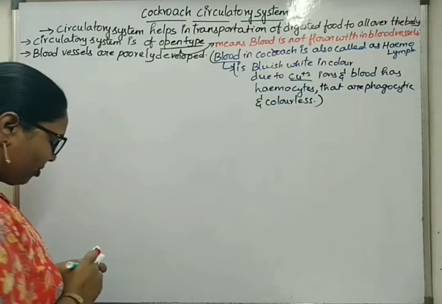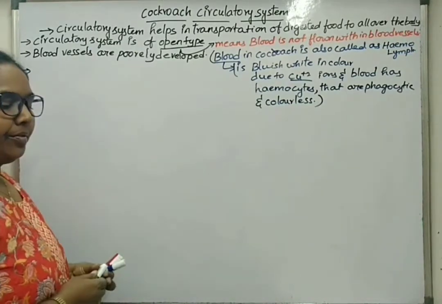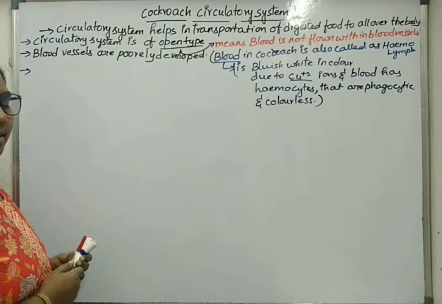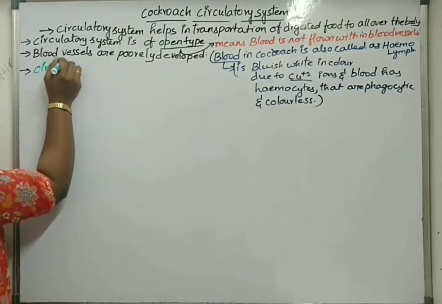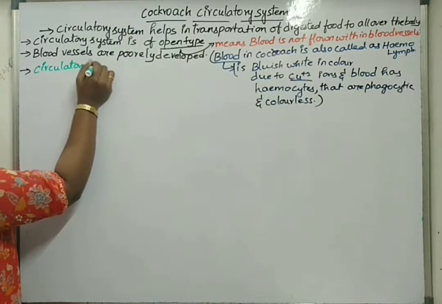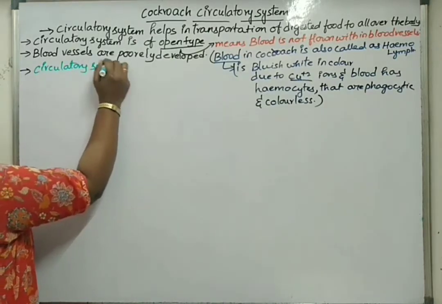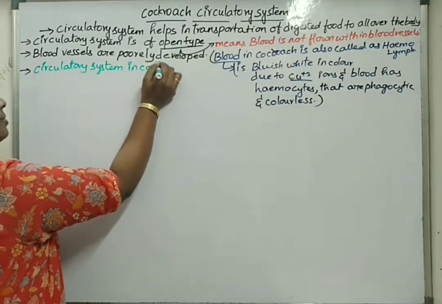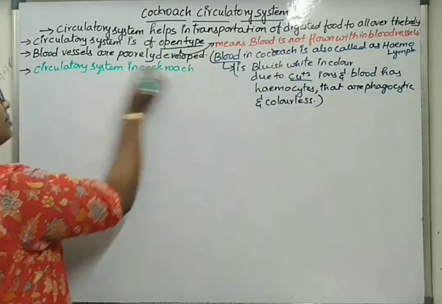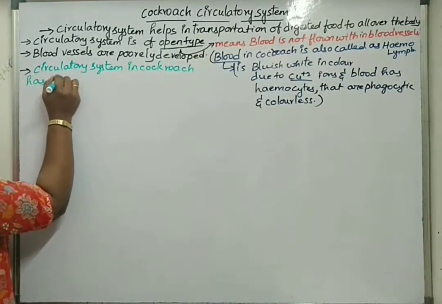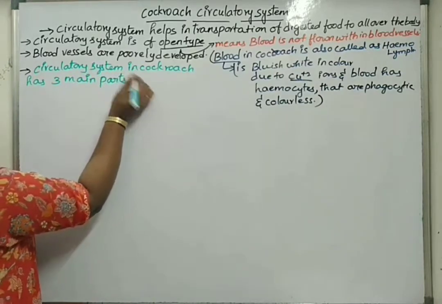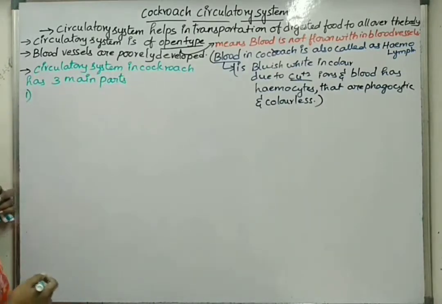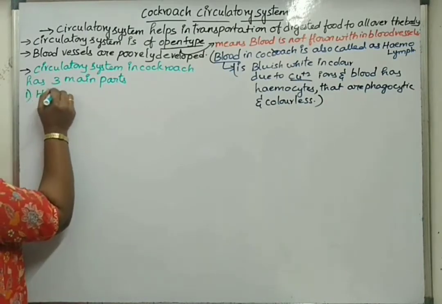The circulatory system in the cockroach has three parts: hemocoel, heart, and blood. First one, hemocoel.